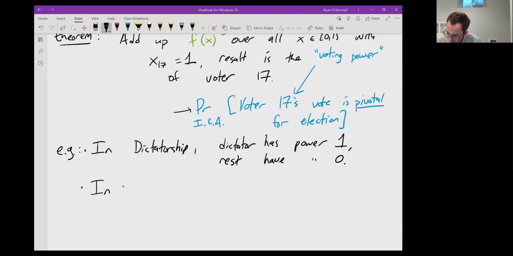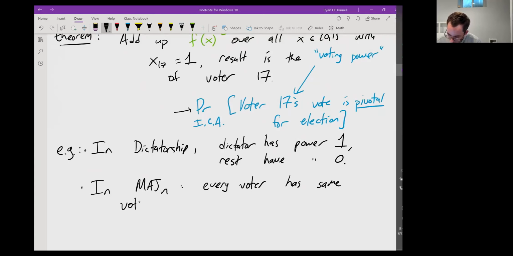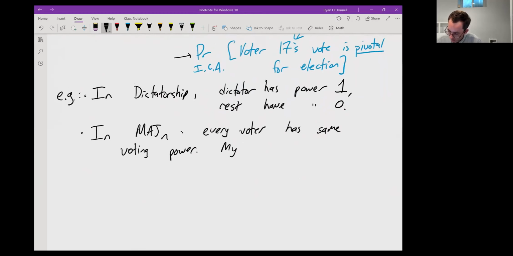What about the classic majority scheme? The most simple thing, when everybody votes and we just take the majority answer. Here, everybody has the same voting power because it's symmetric. Every voter has the same power. Please try to think about what it is as I'm talking here. What is my power in a direct majority scheme? It's the probability, when everybody else votes at random, that everybody else's votes exactly split, literally 50-50.